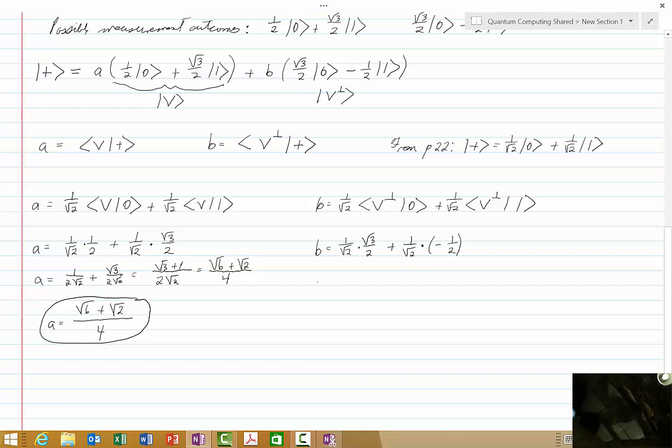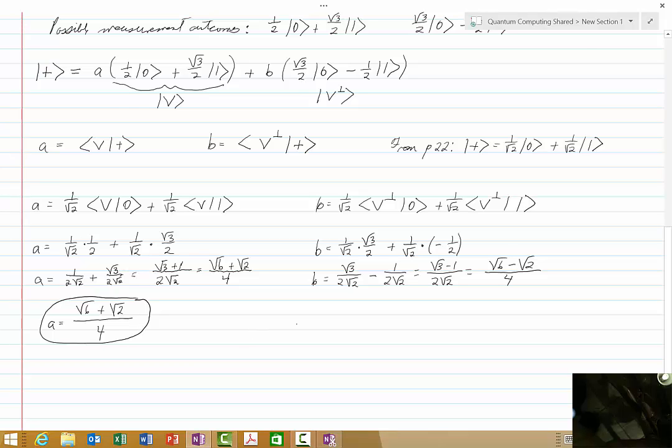And for B, we will get the square root of 3 over 2 times the square root of 2 minus 1 over 2 times the square root of 2, which is square root of 3 minus 1 over 2 times square root of 2, and then again multiply top and bottom by square root of 2, we will get the square root of 6 minus square root of 2 over 4.